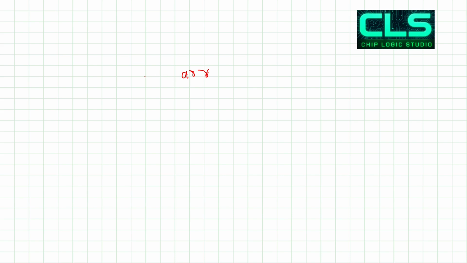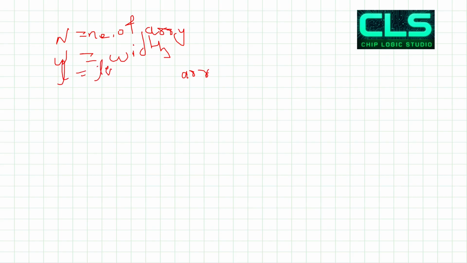First of all, you can understand here that n is your number of arrays, and w is your width, and you can say length, we will take length, or height, width or depth, anything. These 3 things we need.